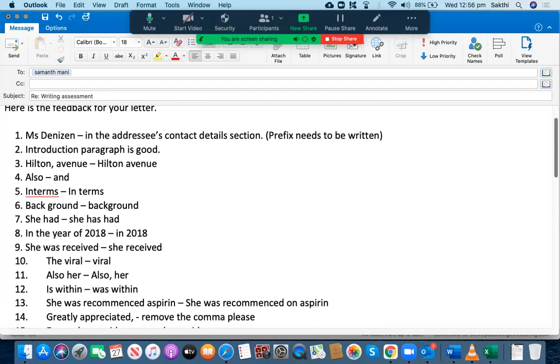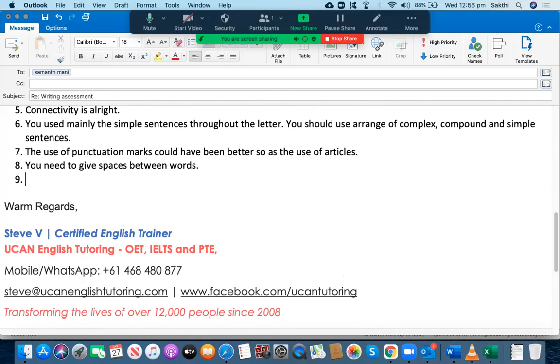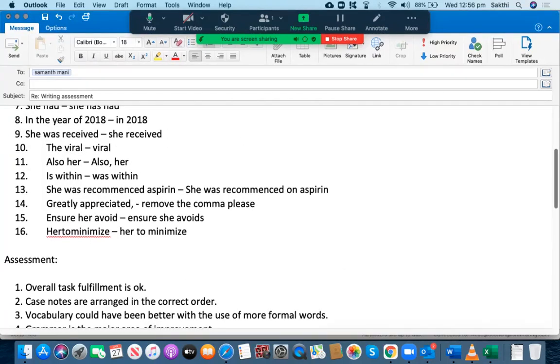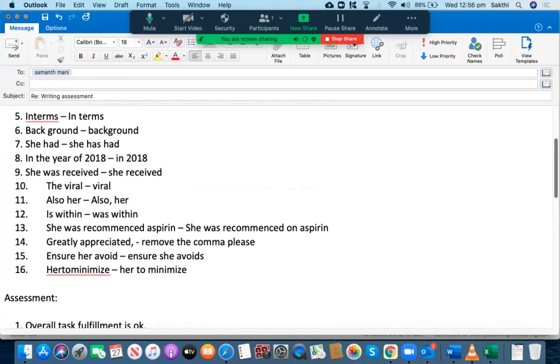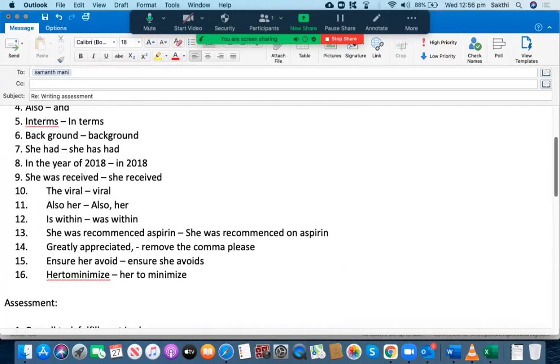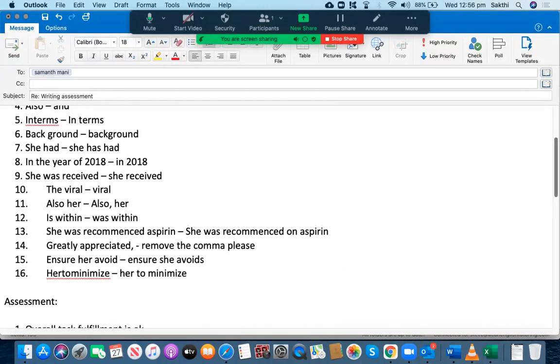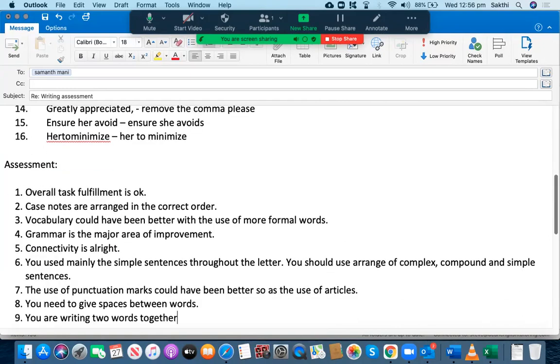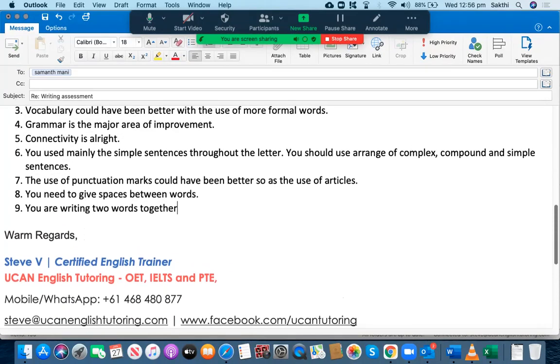Let's check the mistakes. You are writing two words together sometimes. For example, background is one word only. And then you are writing 2 to 3 words together as well, so that's not good. You're also splitting one word and writing down two words. For example, in terms needs to be written down. And don't place the punctuation marks over there. That's not correct.